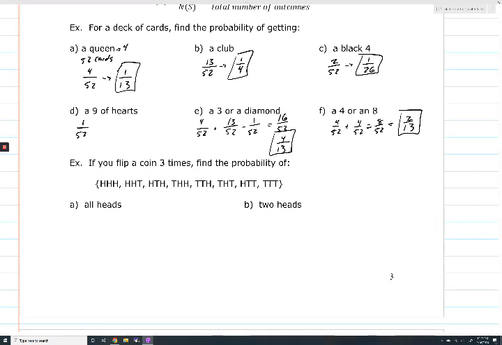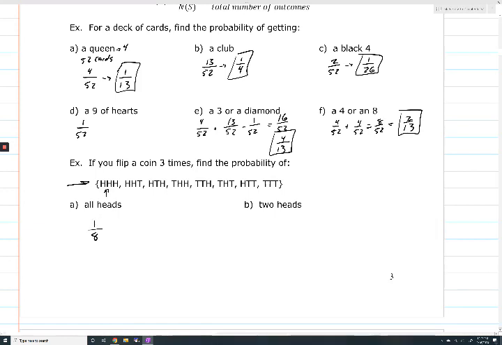All right, next, you flip a coin 3 times, find the probability of different events happening. So what is the probability of all heads? Well, we have our sample space here, and we see that there's a total of 8 different outcomes. How many of them have all heads?